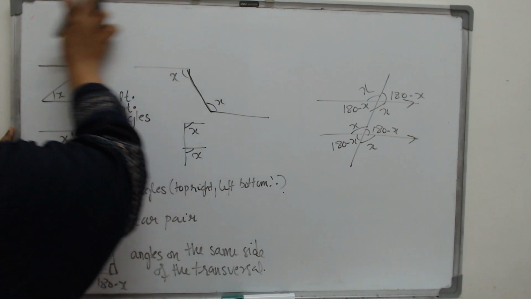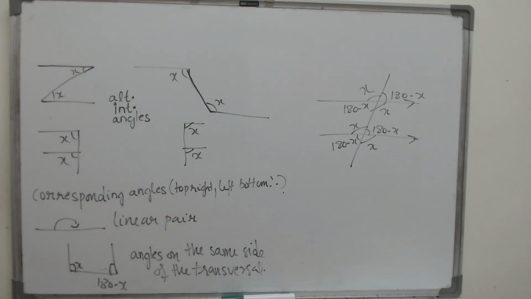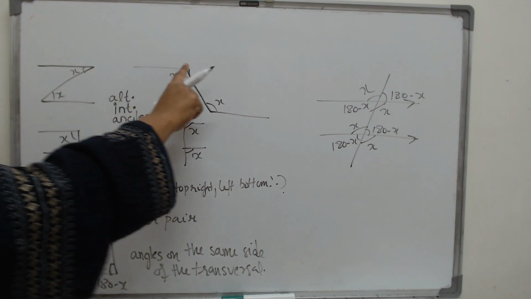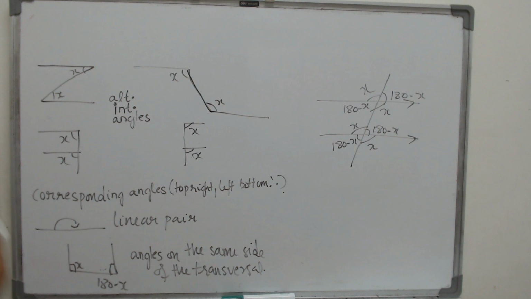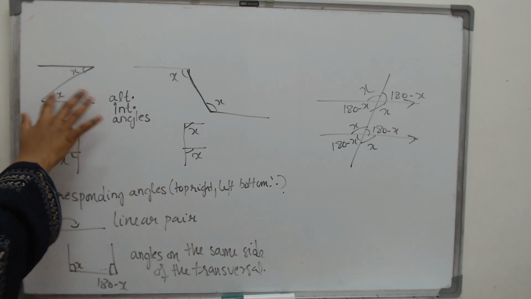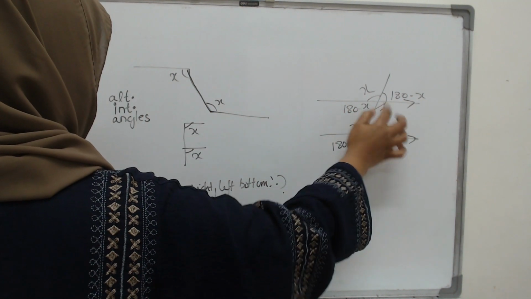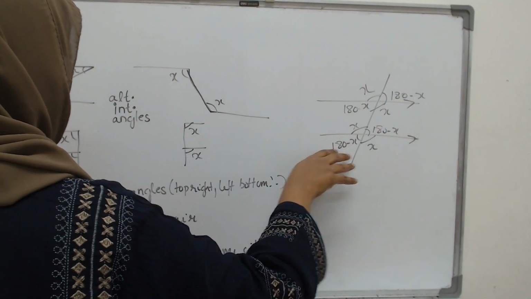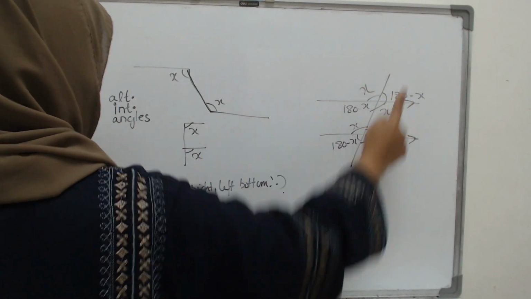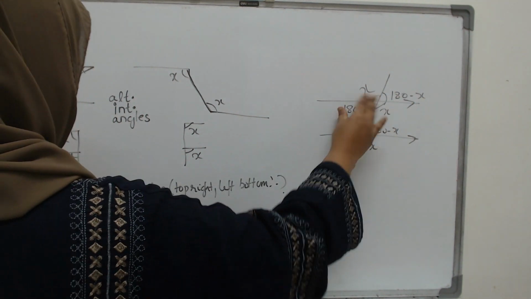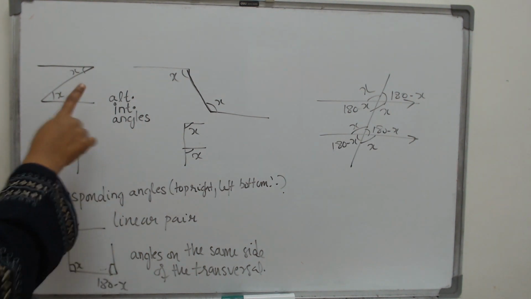Now next, what do you have? Alternate interior angles. The alphabet you are looking for is Z. It does not have to be perfectly Z. It can even look like this. What is it? It is alternate interior. What is interior? Whatever comes inside. These 4 angles are interior, not what come outside. These 4 are exterior. 1, 2, 3, 4 are exterior. These 4 are interior and alternate.